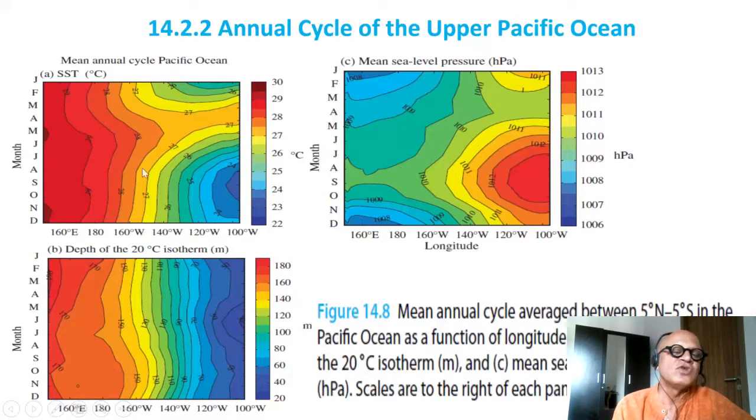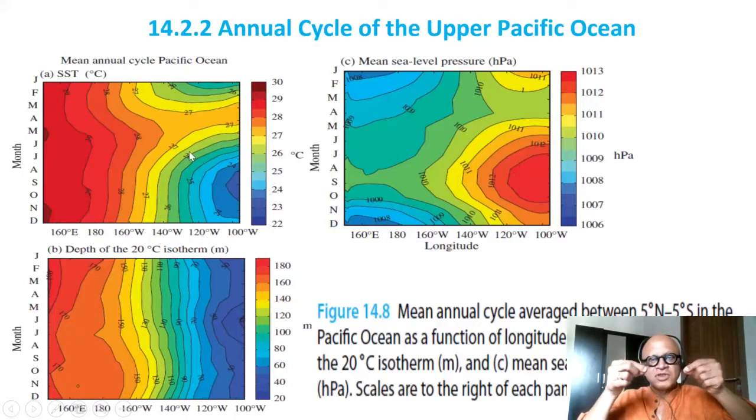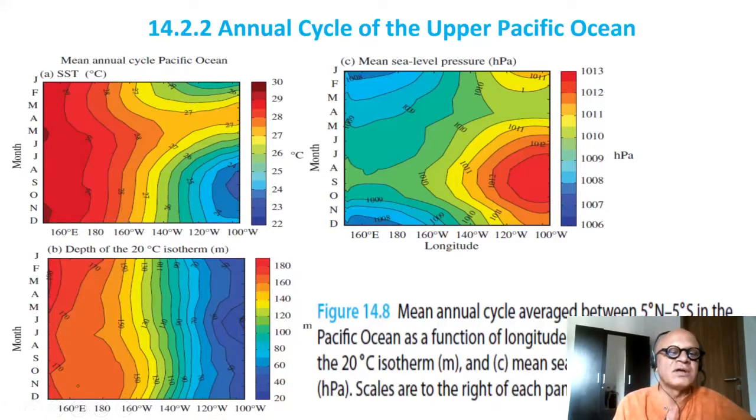Okay, so if you look at sea surface temperatures, imagine now you are averaging over the deep tropics, 5 south to 5 north, and the warm pool remains essentially warm in the deep tropics throughout the year, with a little bit of movement of the sun making a difference here.